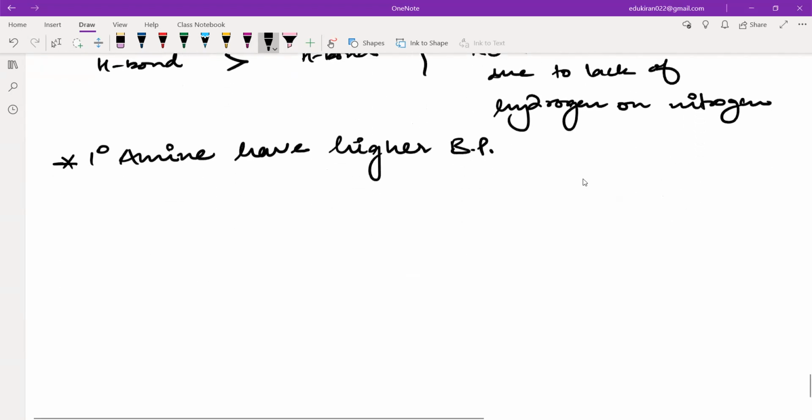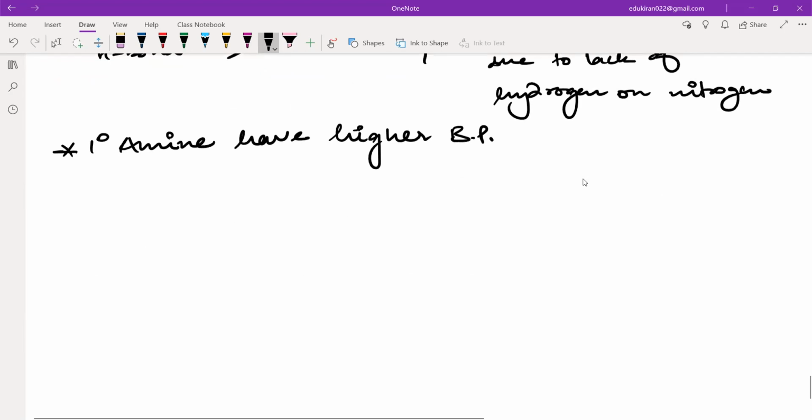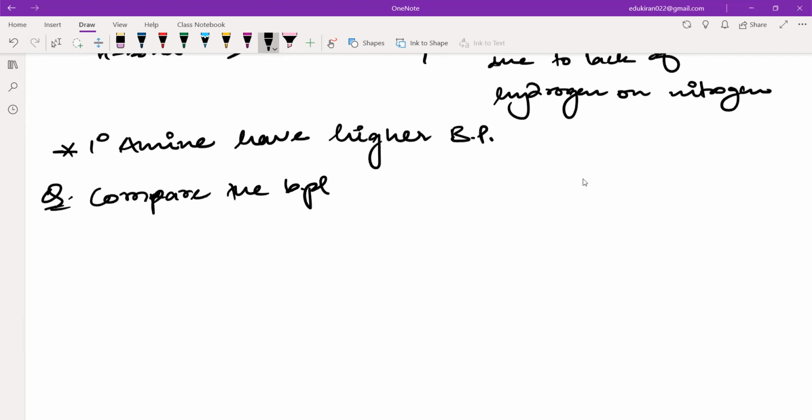So there was one question asked in which they asked to compare the boiling points of two compounds that were given. You had 3 carbons with an NH2 group, and you had a nitrogen with 3 individual CH3 groups attached. Okay, so the answer was direct.